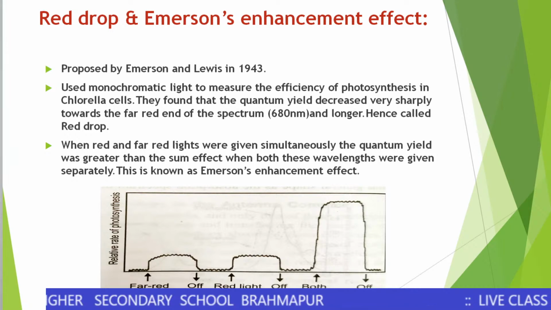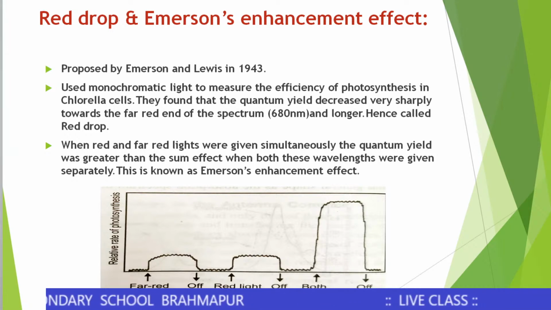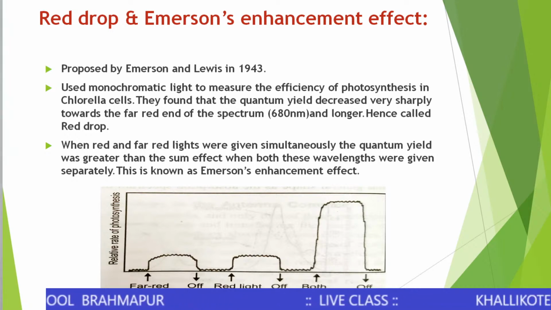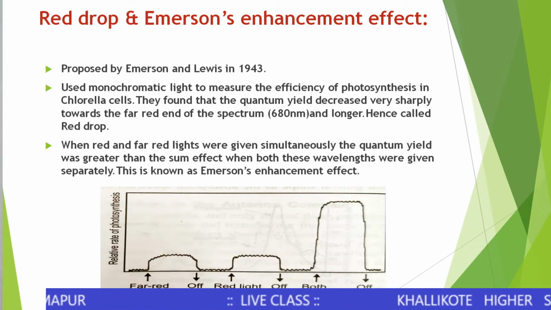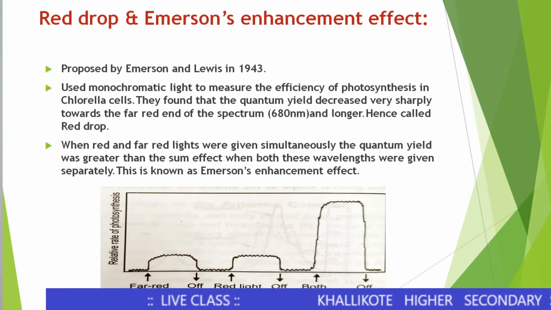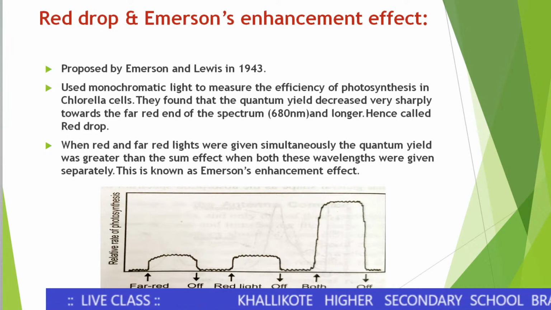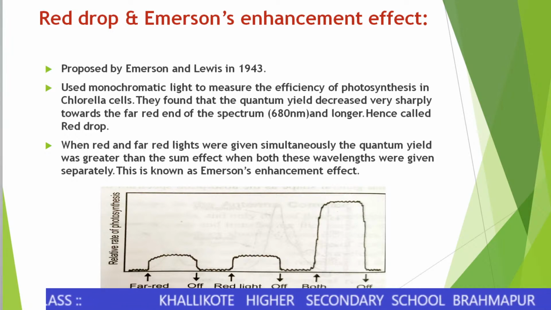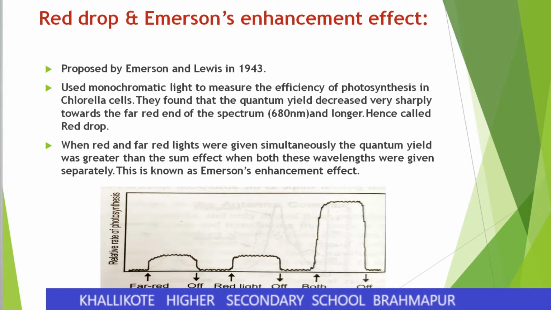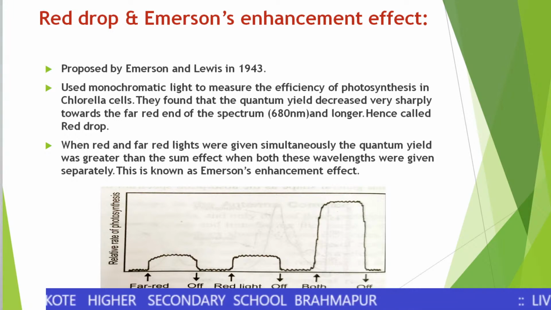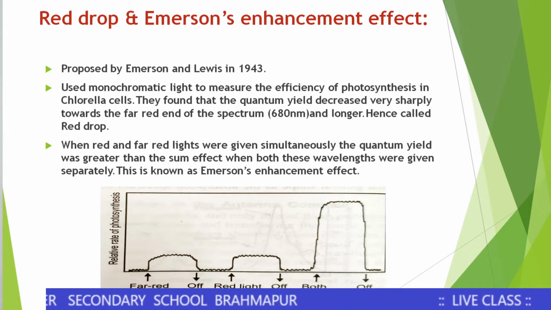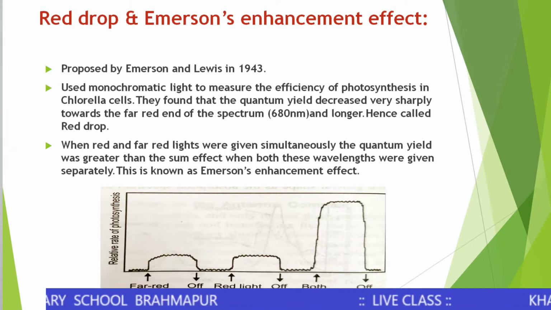They also studied the quantum yield, that is the amount of oxygen molecules evolved per quanta of light that was given. They found that the quantum yield decreased very sharply towards the far red end of the spectrum, that is 680 nanometers and longer wavelength.